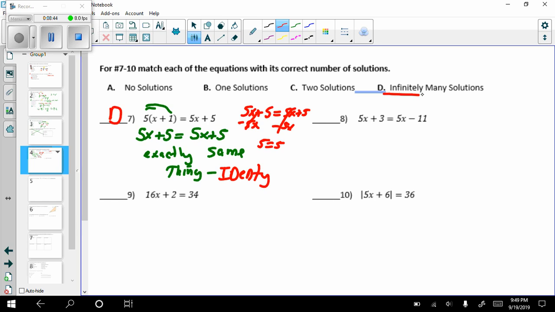Let's look at number 8. If we subtracted 5x from both sides, cancel, cancel, we get 3 equals negative 11. That does not work, or that is not true. Therefore, we have no solutions.